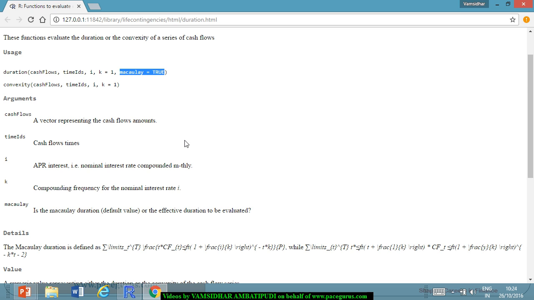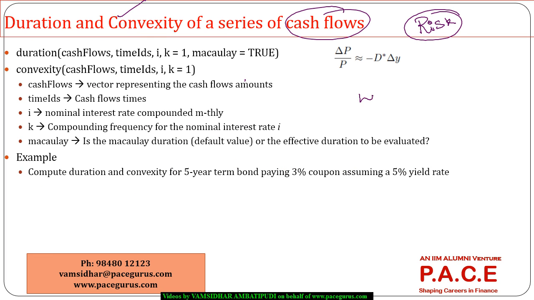So the Macaulay duration is taken as the weighted average of the present value of the cash flows. So when we talk about the Macaulay duration, it is purely based on the weighted average on the present value of the cash flows, where the weights are based on the timing. So it's basically like the different times, the different cash flows are being received. I take the present value of all the cash flows.